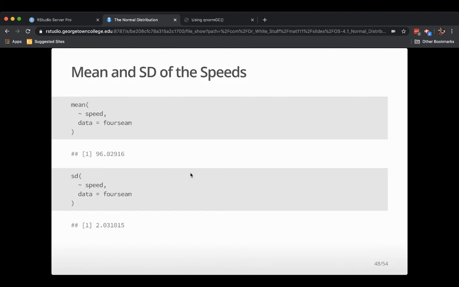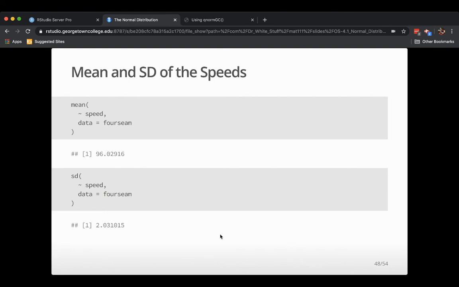But we need to use the normal curve that has the mean speed of all those pitches and whose standard deviation is the standard deviation of all those pitches. So let's calculate the mean. If you were to run the mean function in RStudio, you'd get about 96 miles an hour. And if you calculate the standard deviation of the speeds of the pitches, you would get about 2.03. Notice I'm using four-seam as my data, not Verlander, because I just want the mean and standard deviation of the four-seam fastballs.